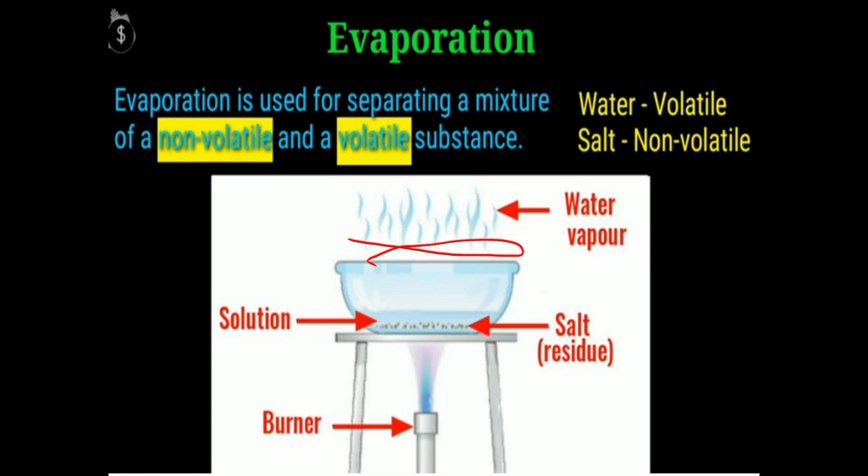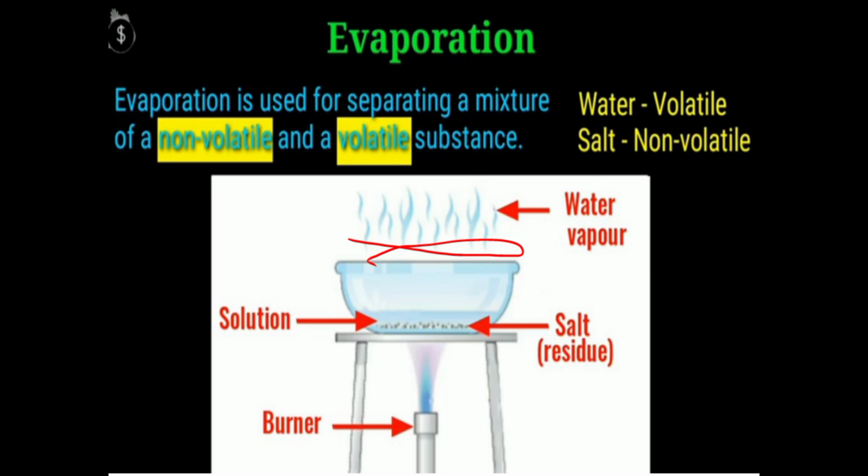We will take water in a beaker and add some salt inside it. We will stir it and then keep that solution on a tripod stand under a burner, and we'll start the burner from below.